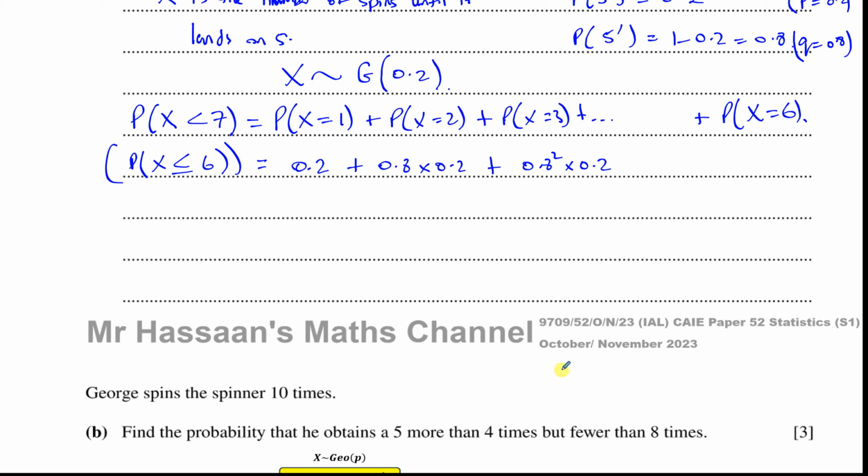Now, there is a formula which is not given in the formula sheet, but I'm going to show you from what I have in my notes here.